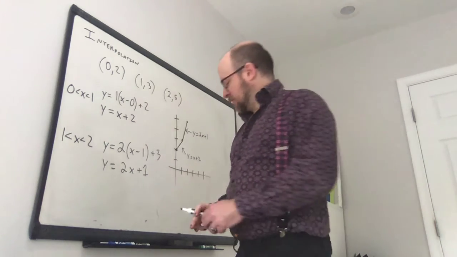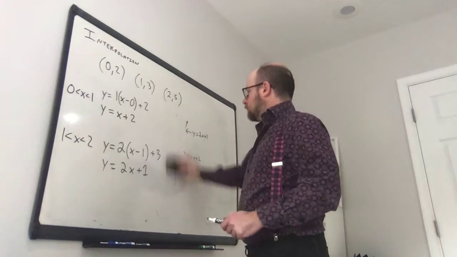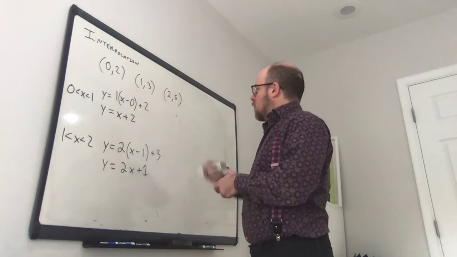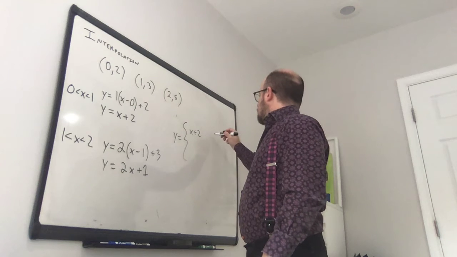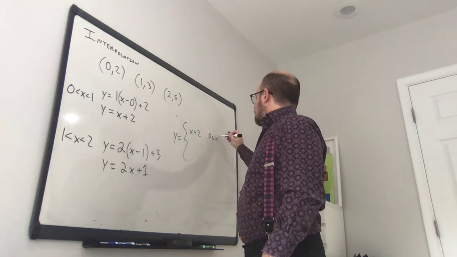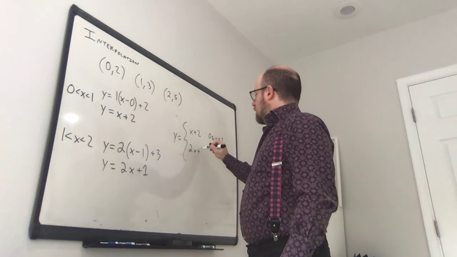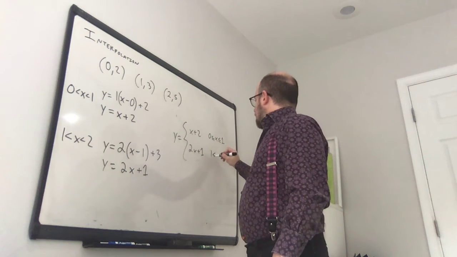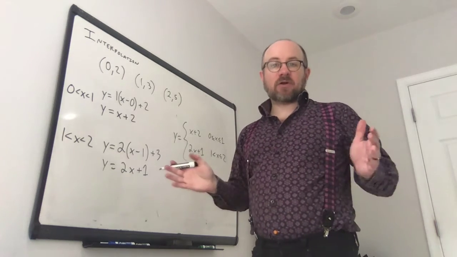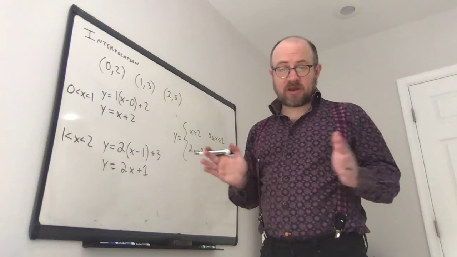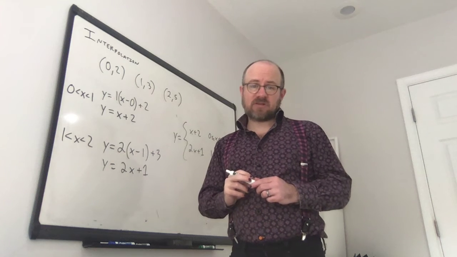And so this piecewise equation, specifically written out: y equals x plus 2 for 0 less than or equal to x less than or equal to 1, y equals 2x plus 1 for 1 less than x less than or equal to 2, and 0 everywhere else. We don't want to do any kind of interpolating polynomial anywhere else. This gives us the linear interpolation between these points.